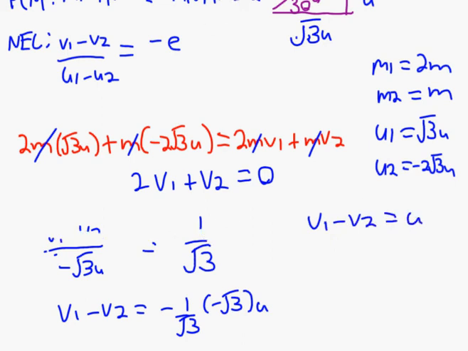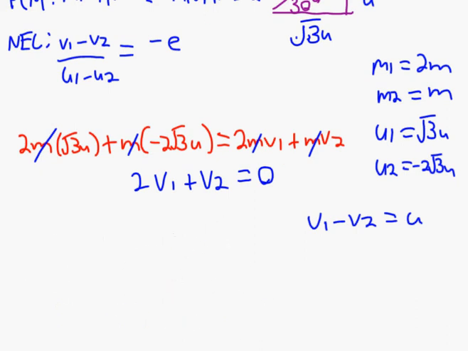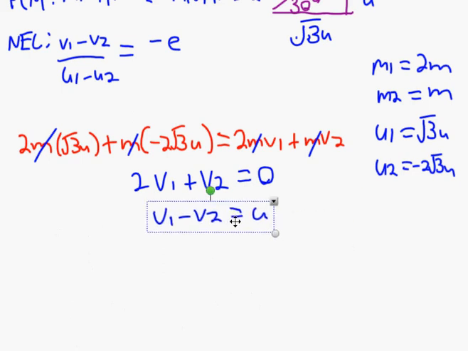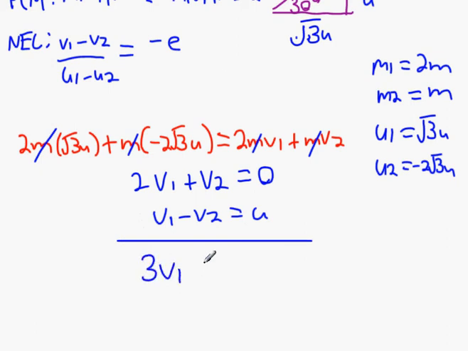Then we're going to combine both equations together, and we're just going to add them together because they actually work out quite nicely. There. So we're going to get 3v1 equals u, v1 equals u over 3.